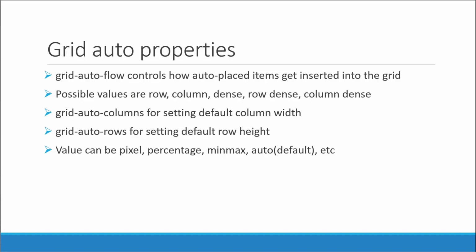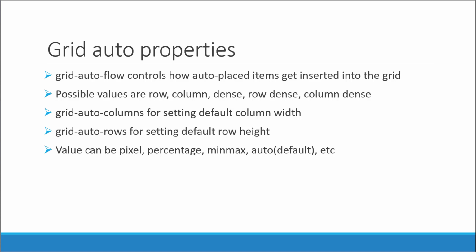So, some of the auto properties, as I call them, include grid auto flow, which controls how auto-placed items get inserted into the grid. By default, it is set to row, but you can also set it to column. 3 other values are dense, row dense, and column dense, which are applicable for more complex layouts that you can look at once you've mastered the fundamentals.